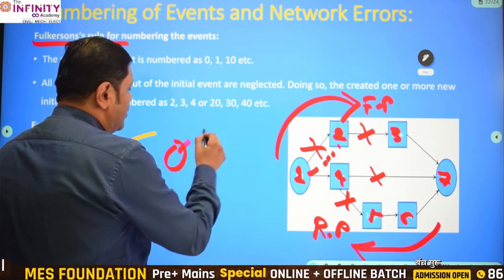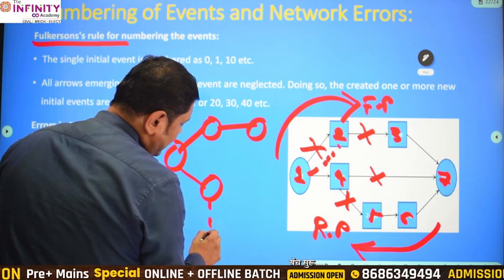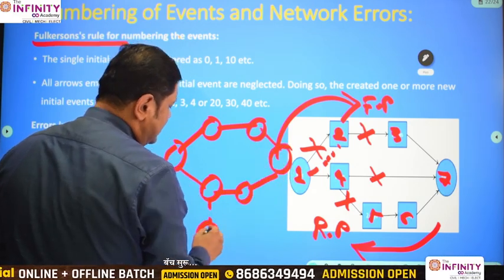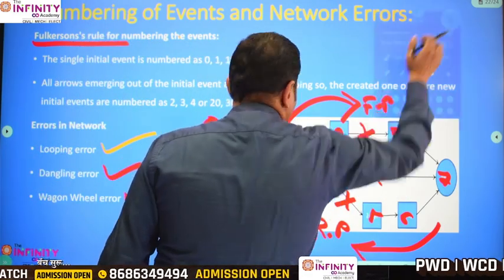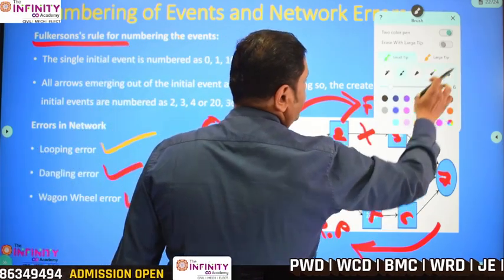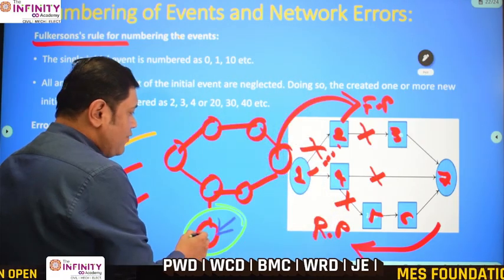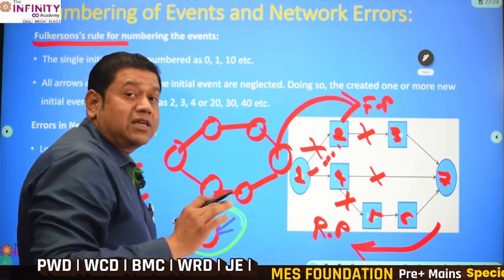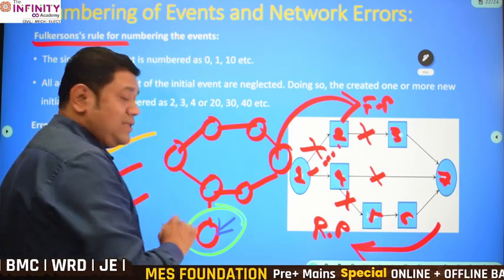In any network, if you have done a couple of relations and this particular activity is here and not connected anywhere, then this becomes a dangling error. So this event has to get connected to the next successor event. Then only the network will give you a correct duration. So this is a dangling error.